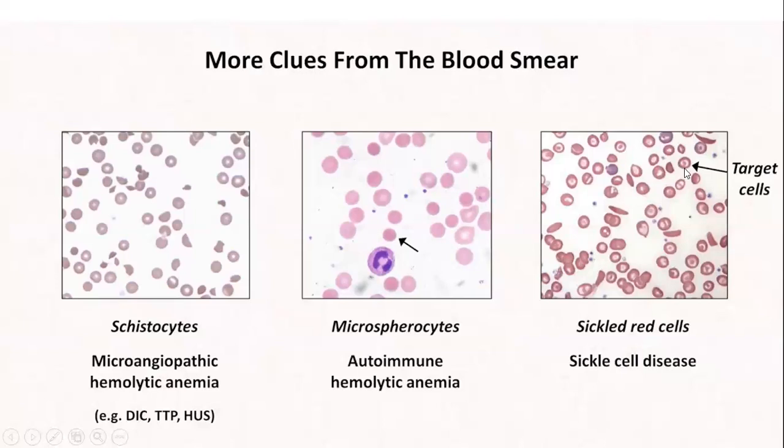This is called a target cell, present in case of sickle cell disease. And here schistocyte: microangiopathic hemolytic anemia, or it is called DIC, disseminated intravascular coagulation, or TTP, thrombotic thrombocytopenic purpura, or HUS, right?